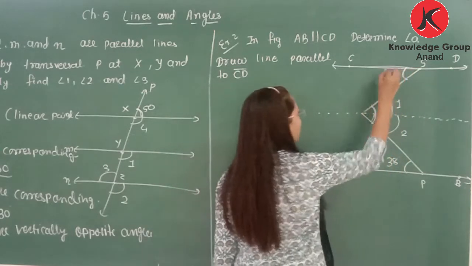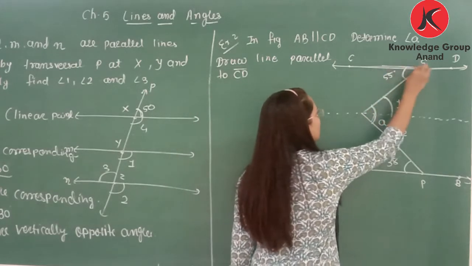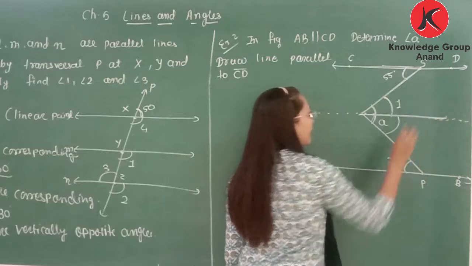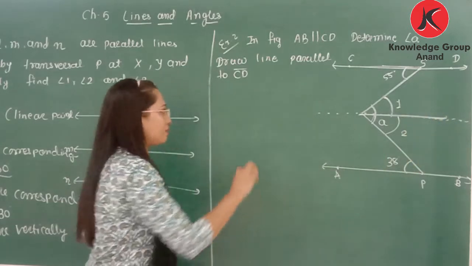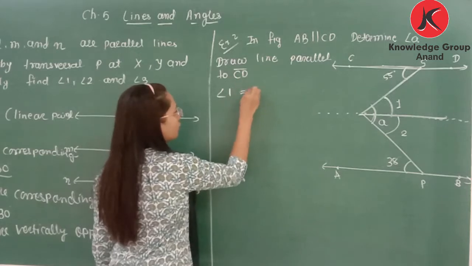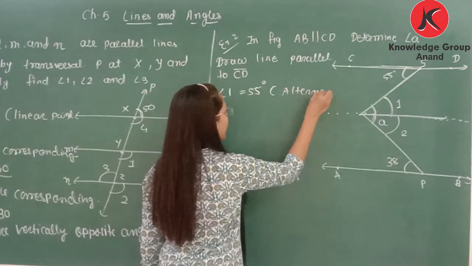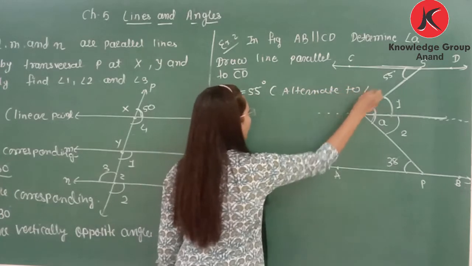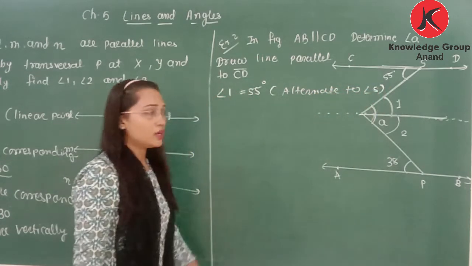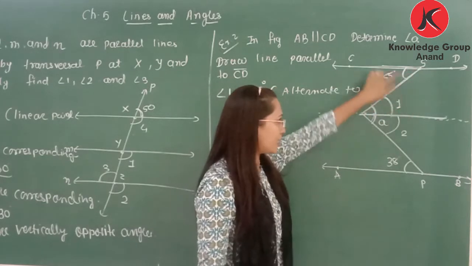This is 55. Okay. If we consider this angle S, you can see here an alternate angle is formed. So here we can write angle 1 is equal to 55. Reason: alternate to angle S, because angle S and angle 1 are alternate angles if lines are parallel.